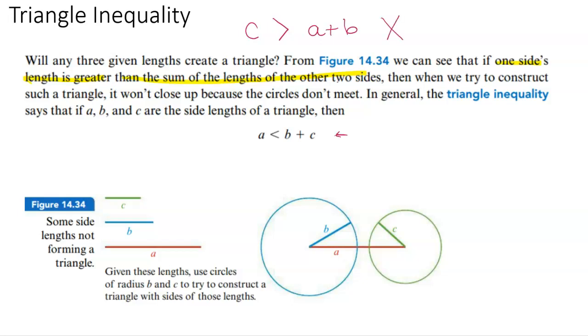What this is saying is that we need one side to be less than the sum of the other 2 sides. Sometimes reading these can be a little bit confusing. But basically what they're saying here is that not all 3 side lengths will build a triangle. This side length here is too long. It's in fact longer than B plus C. This longer side is greater than B plus C, so it won't work.